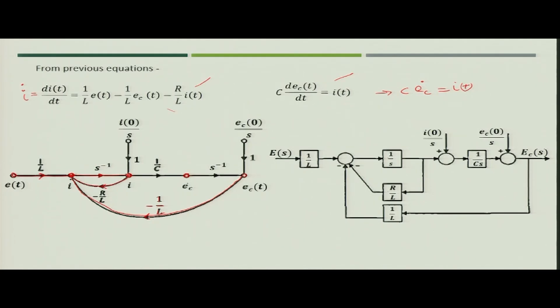So, when we integrate I dot, we specify the initial condition, I at time t = 0, divided by S. That also we add.